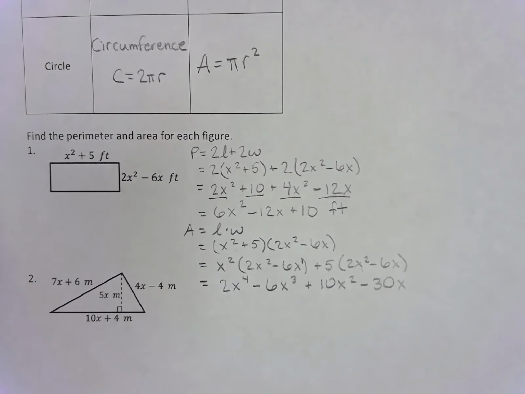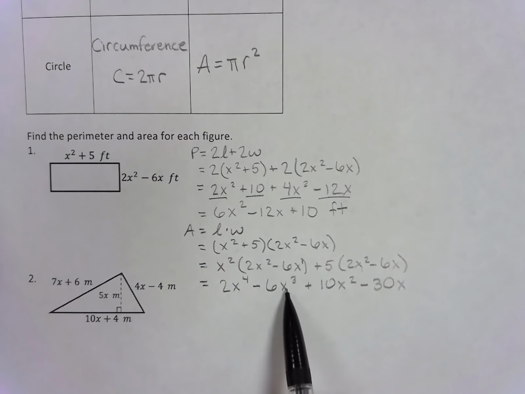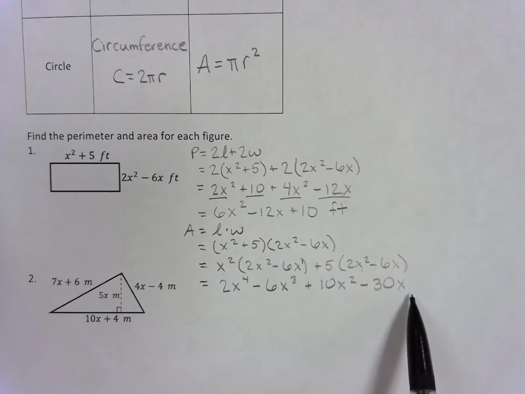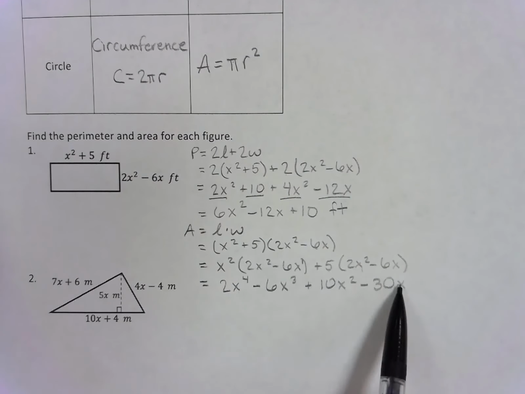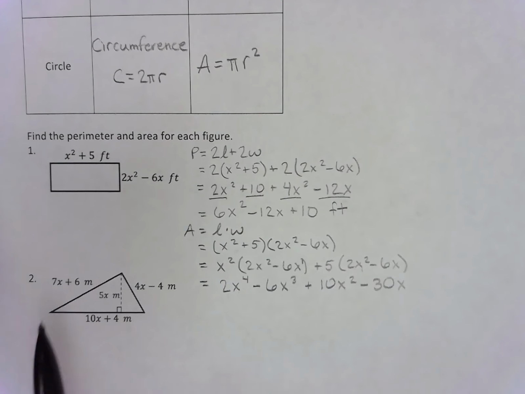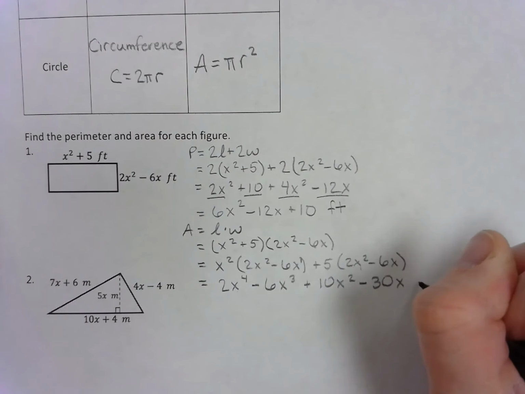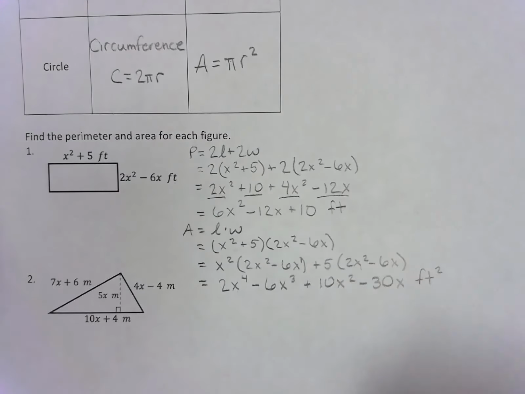Let's go ahead and combine like terms. So actually we don't have any. This would be our final answer. We have an x to the 4th, x to the 3rd, x squared, and x. They're already in the correct order, descending order by their exponents, so this would be our answer for our area. Go back and get your units. We're in feet, and when you're talking about area, we're in squared units, so squared feet.